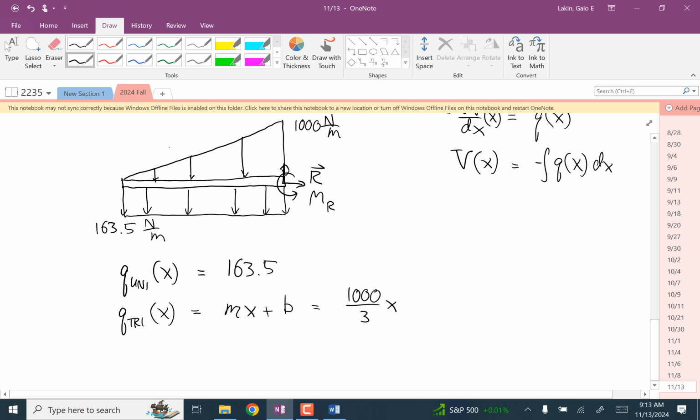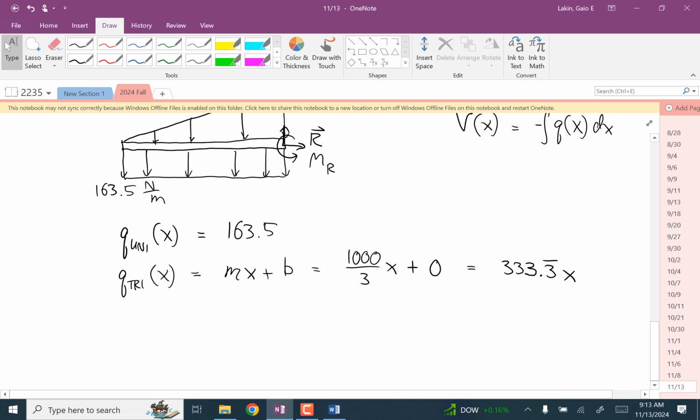And when x is equal to 0, that triangular distributed load is 0. And so this is just equal to 333.3 repeating x. And so the total then is just the sum of these two functions. So that's 333.3 repeating x plus 163.5.